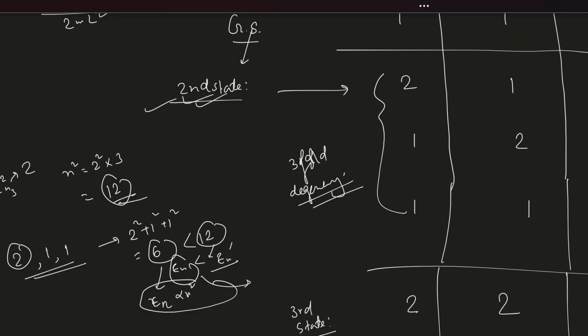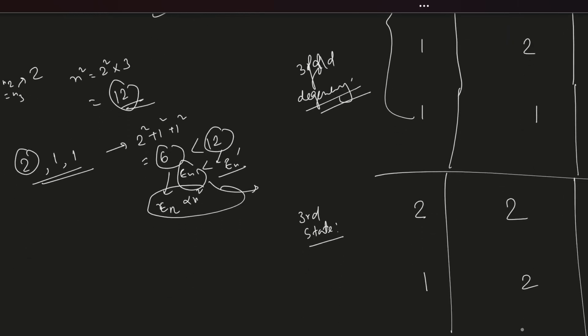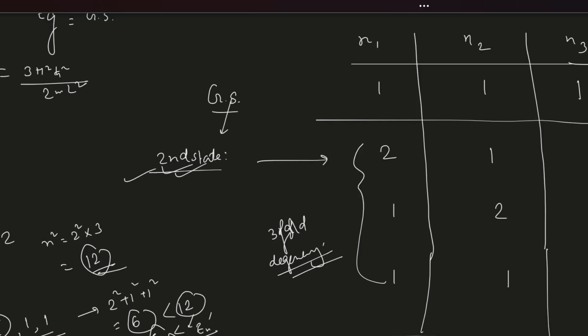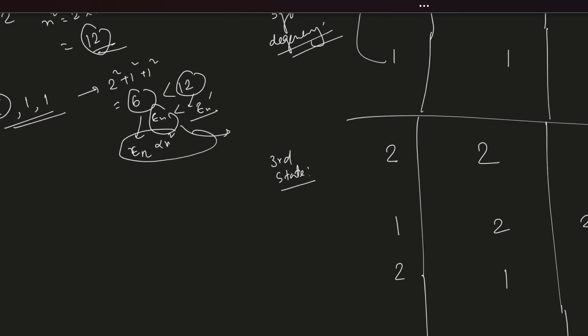Similarly, you can take this as 1 and these two as 2. You will also get 9. Another combination is this as 2, this as 1, this as 2. Again 9. So this is equal to 9 pi squared h cut squared by 2mL squared. This is basically 3 times Eg, because 3 into 3 is 9.